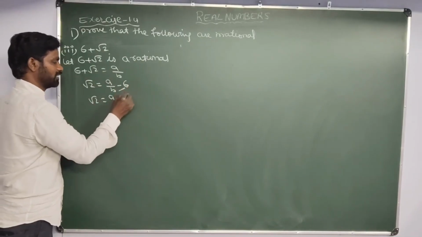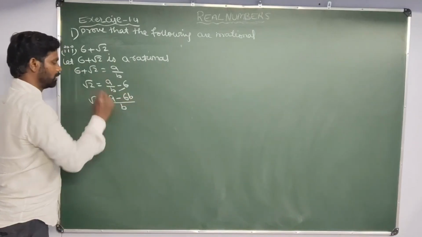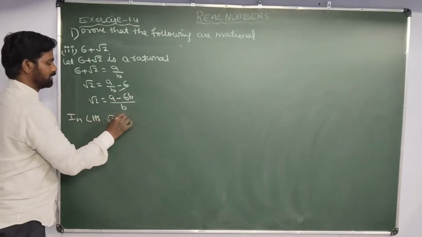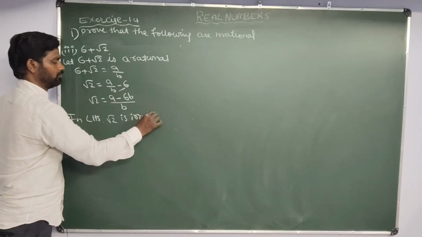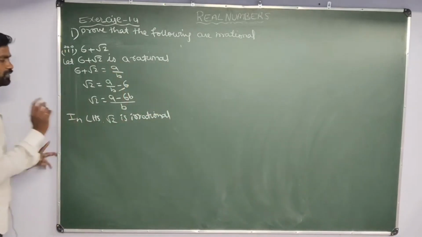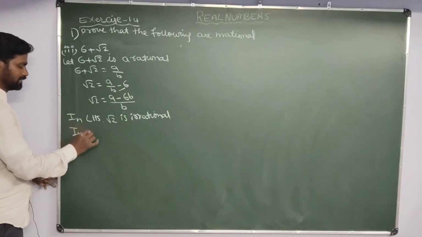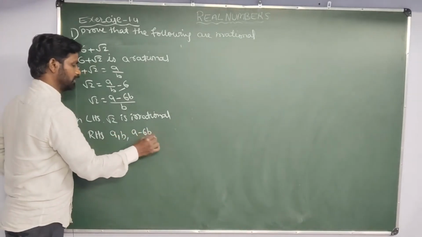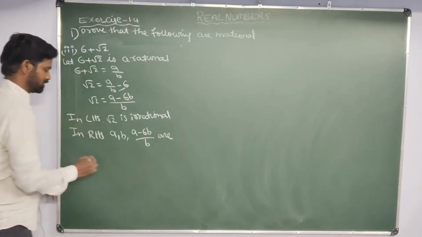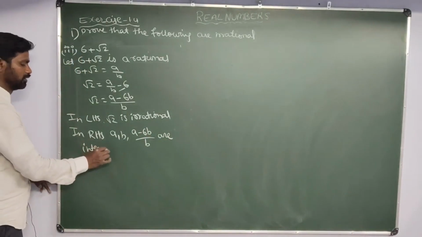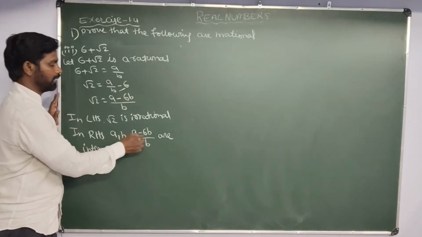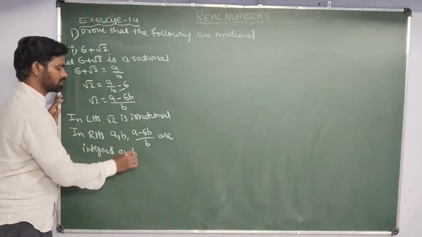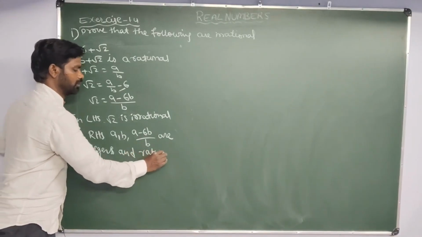Then root 2 is equal to a minus 6b by b, taking the cross multiplication here. So in LHS, root 2 is irrational, that we already know. Next, in RHS, a, b, and a minus 6b by b are integers, and we know that all integers are rational.